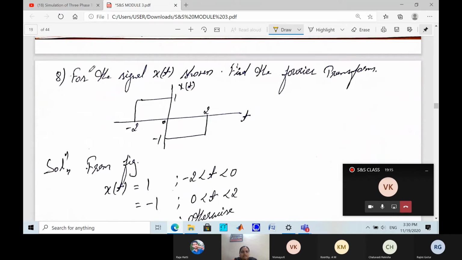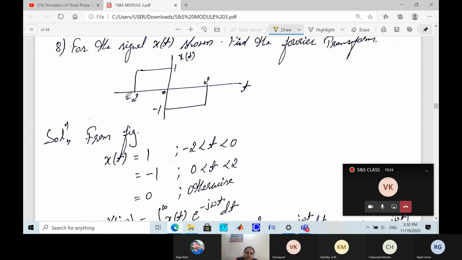Okay, then next problem. For the signal x of t shown, find the Fourier transform. A signal is given to us where it is 1 from -2 to 0 and -1 from 0 to 2 with time.